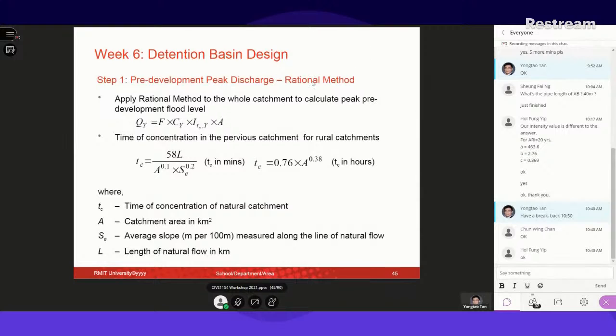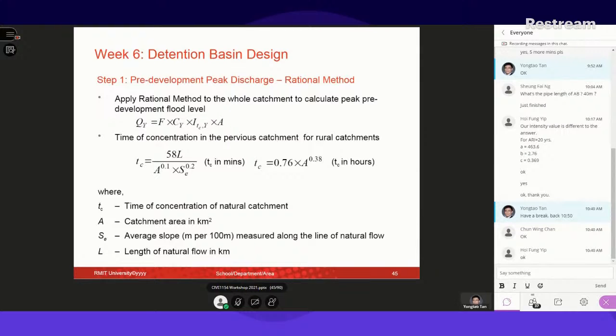For step 1, the pre-development peak discharge, we use the rational method. Apply the rational method to the whole catchment to calculate the peak pre-development flood level. For the time of concentration, in the previous catchment, for rural catchments, we can use this formula.